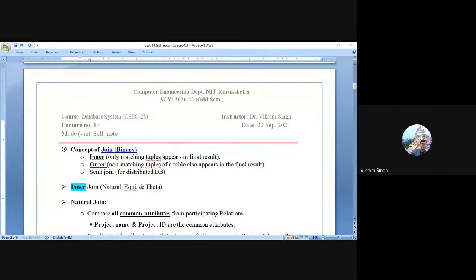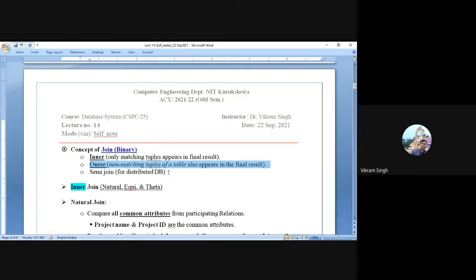I'm not saying relation, so let me put it like this: the non-matching tuples of a table. So among these two participating database tables, all the tuples from one table can be retained, right? Those are the exceptional queries or statements where we need to maintain these kinds of tuples. So this second type of join is called outer join, right?